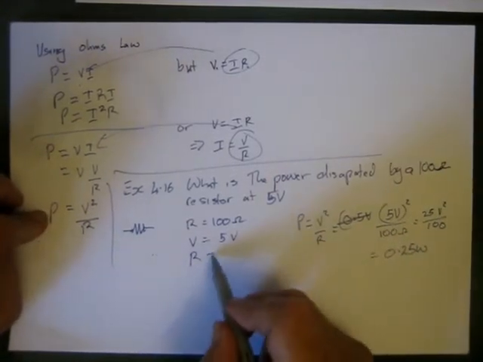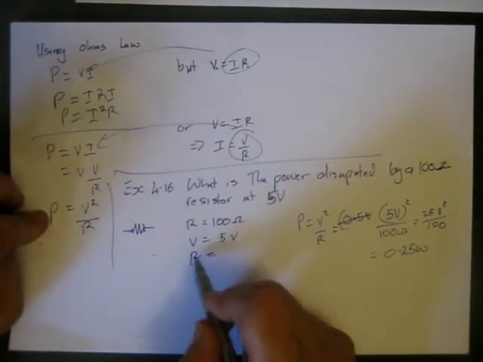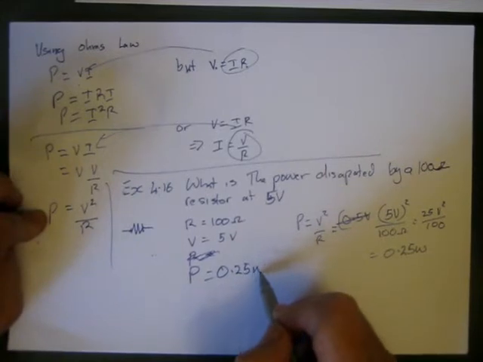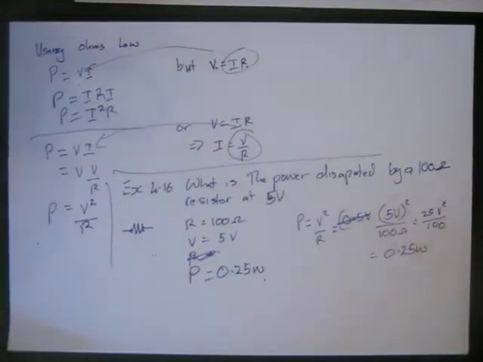So in this case, power is going to equal 0.25 watts. So a standard sort of quarter watt resistor will handle that load.